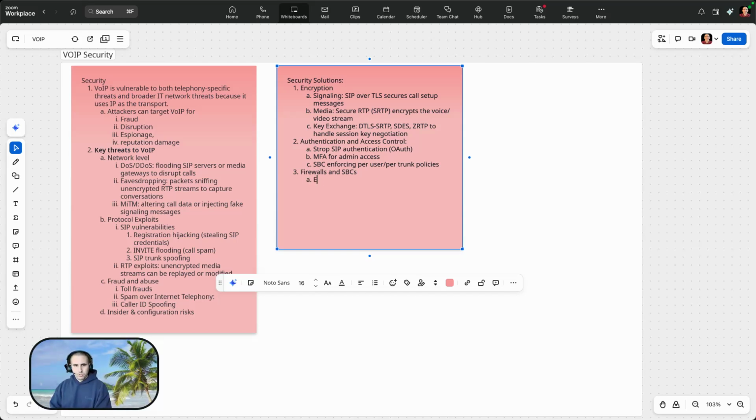Session border controllers provide NAT traversal, denial of service protection, topology hiding, and SIP normalization.